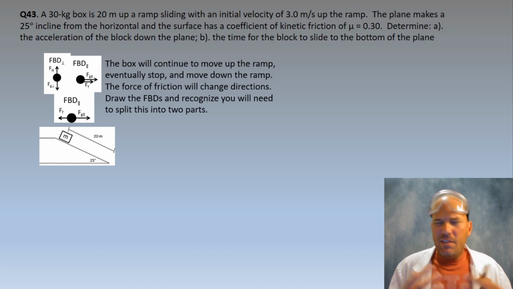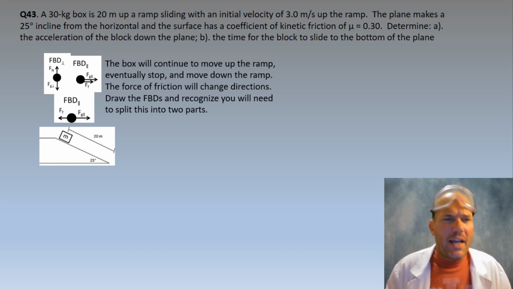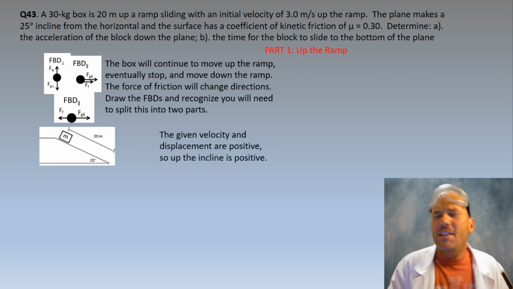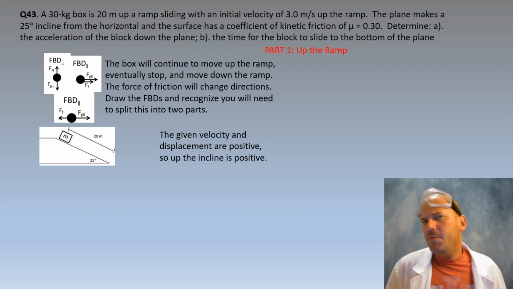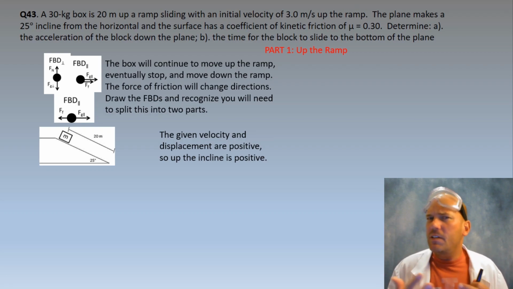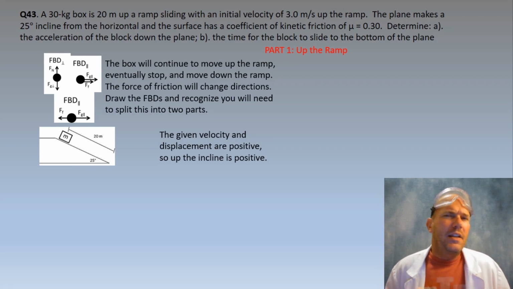So there's a number of things going on here. The best way to do this is, as I said, to break this into 2 different parts, because we'll have 2 different accelerations, and we've done similar problems, however, not quite this complicated.